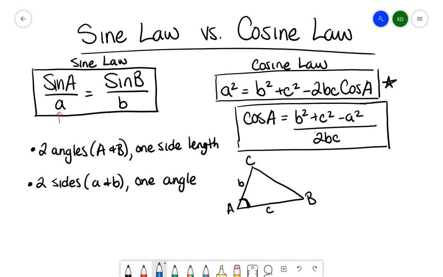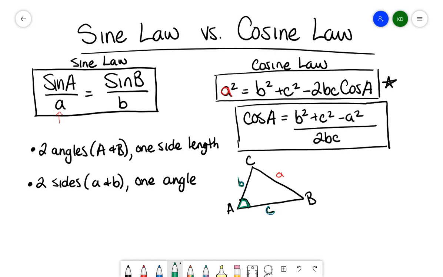What's absolutely needed in order to solve for a squared, or just a, this side, is that I would need to have b, I would need to have c, and I would need to have its contained angle. Sorry, it's a little bit hard to see.